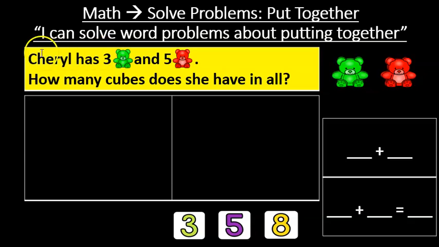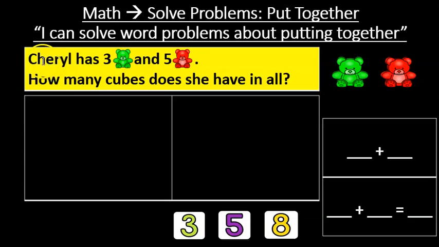Now, in this portion where it's yellow, that's our word problem again, okay? It's just that this time the words are short and there's some pictures here. It's showing us now. Now, let's come here to this first statement, okay? Let's read it together. Cheryl has 3 green teddy bears and 5 red teddy bears.